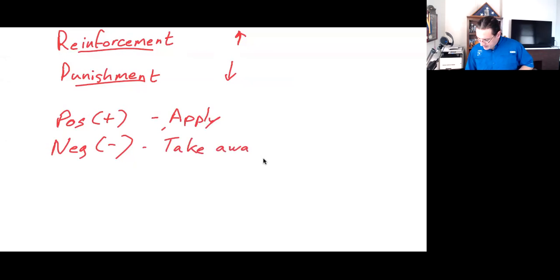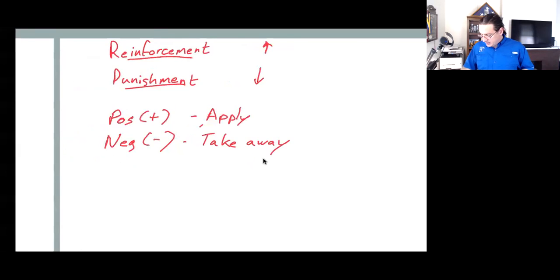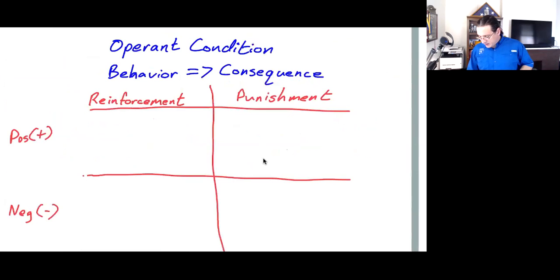Okay. So how does that apply to reinforcement and punishment? Well, in the case of Billy, what they did with Billy is they provided something favorable to increase that behavior, okay? So we would call that positive because they applied something positive.